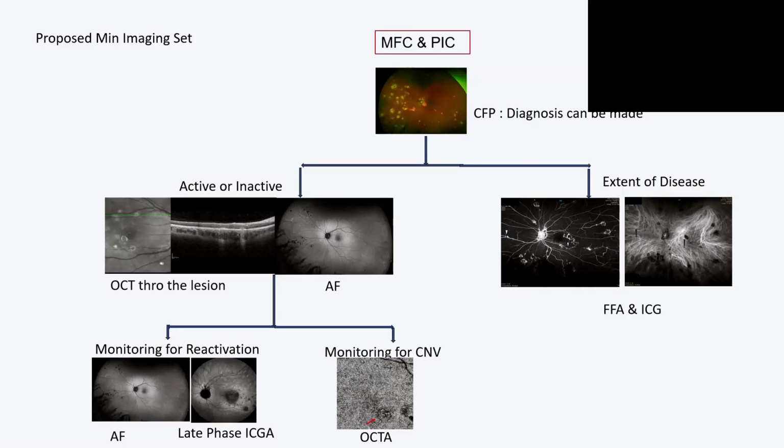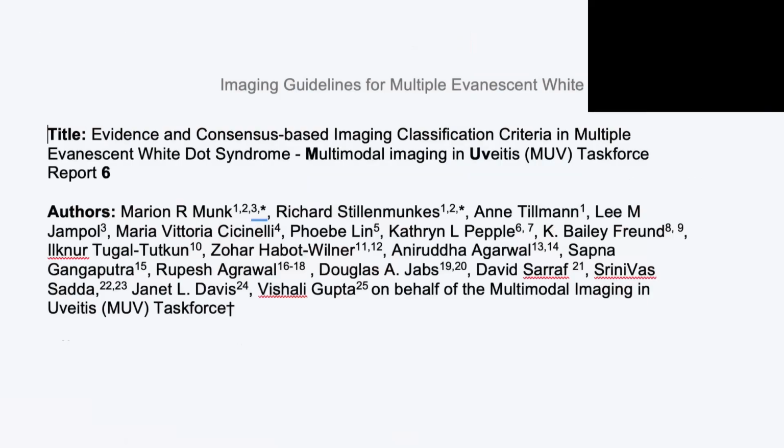If you are monitoring for reactivation, autofluorescence is a good modality to show hyperautofluorescent new lesions, or sometimes late phase ICGA. But if you are monitoring for choroidal neovascular membrane, it's angio-OCT. Now, what is the role of fluorescein and ICG? Virtually to show you the extent of the disease, nothing more than that.